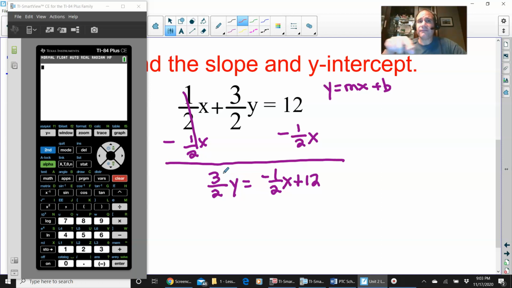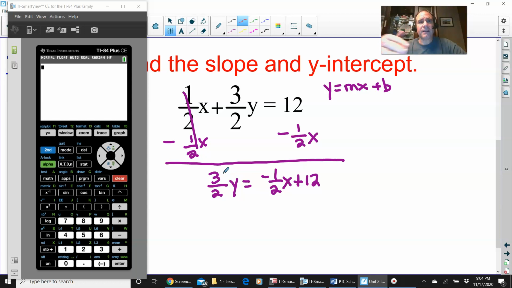You can divide, but that is not the way that we're going to do this problem. Any fraction that you want to get rid of, the easiest method is to multiply by the reciprocal, and I'll keep on showing you to multiply by the reciprocal until you get it.